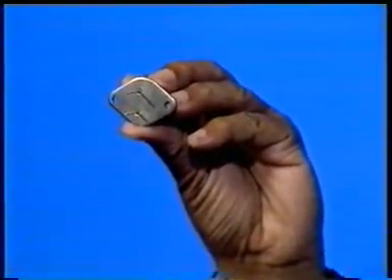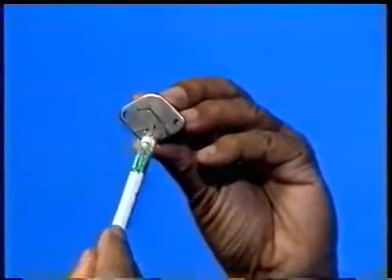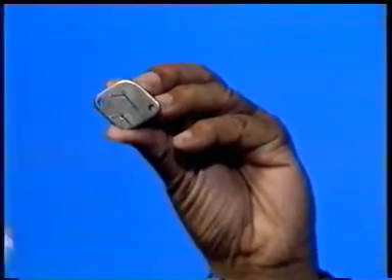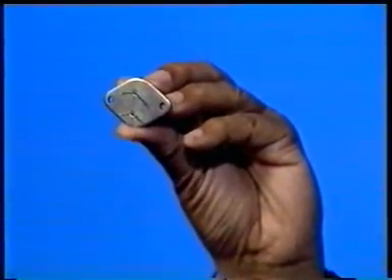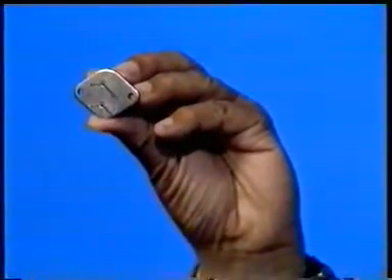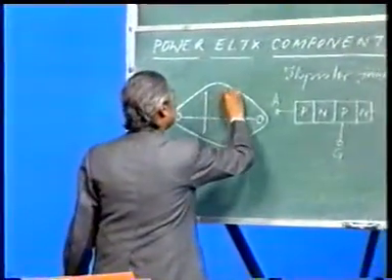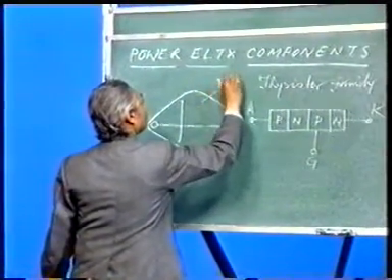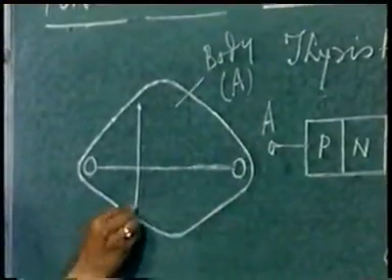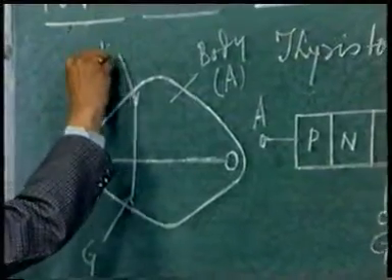You have to place it so that the two terminals are facing you, with the larger distance at your right and the lesser distance at your left. In that position, the bottom terminal will indicate gate and the top terminal will indicate cathode, and of course the body is always anode. The body is always anode, the bottom terminal is always gate and the top terminal is cathode.